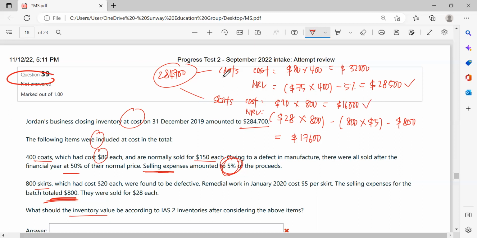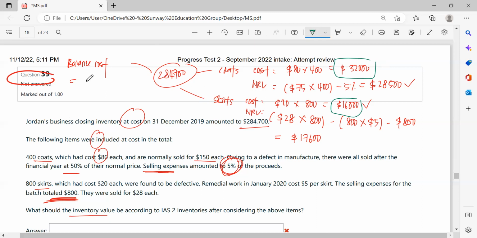Don't forget, these two are just part of the total cost, so you still have balance cost. To find the balance cost, we take the total minus the coat cost and the skirt cost: 284,700 minus 32,000 and minus 16,000.